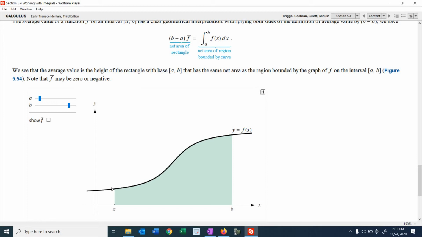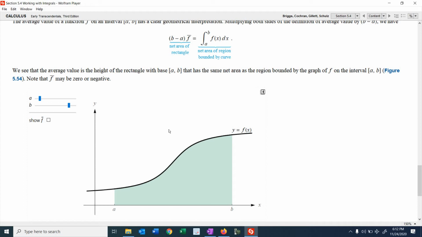So suppose you have some function, the graph of it looks something like this on this interval from a to b. Now when you find this definite integral of f of x from a to b, you're finding the net area that's trapped in here. Now what we're going to do is maintain that same amount of area, but flatten the function out so that it's perfectly horizontal.